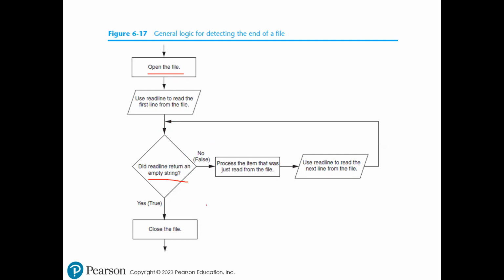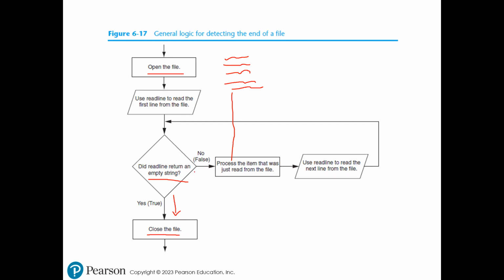Because if the readline returned an empty string, that means we are at the end of our file, right? Because usually in a file, you will have things stored right after the other. And if your readline sees that there's absolutely nothing left inside of that file, it's going to return an empty string. Now, if it did return an empty string, we're just going to close the file. We're going to go to our last step because we reached the end of the file.